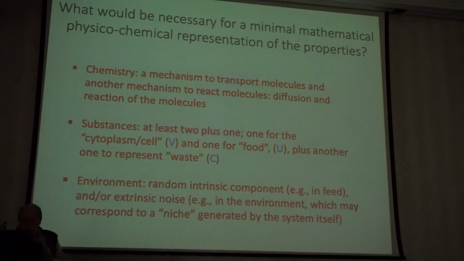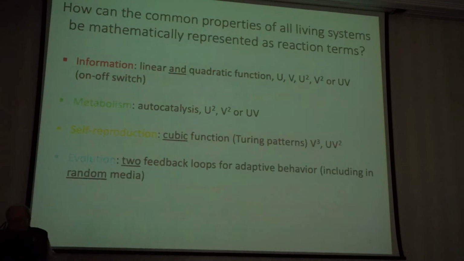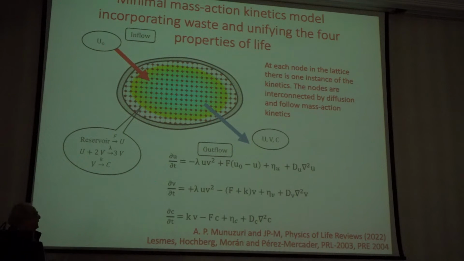And you can actually unify if you look at the polynomial properties that need to be satisfied by the reaction terms. You can put them together, and to make a very long story short, you can come up with the model of the cell, where the cell has a lattice, and at each point in the lattice, you can constrain the previous terms in such a way.